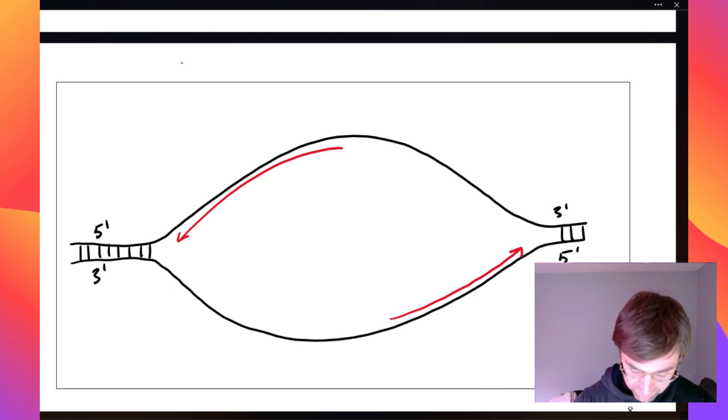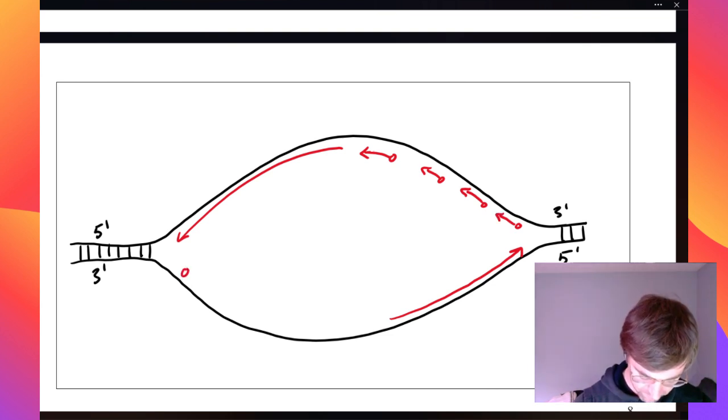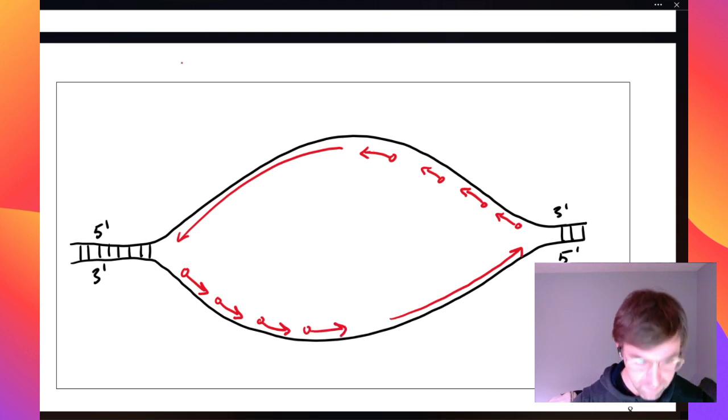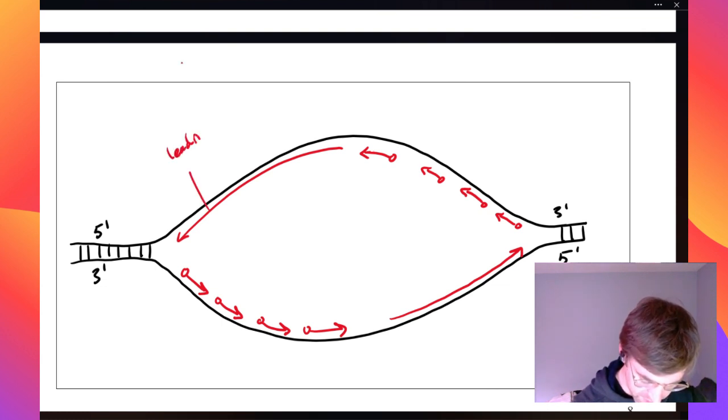We also have these shorter strands called Okazaki fragments. This is our leading strand.